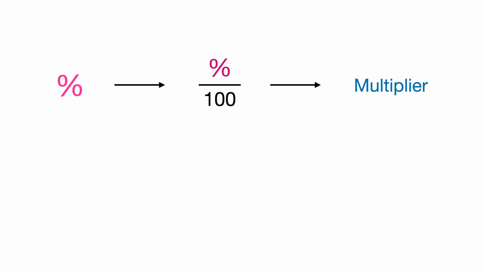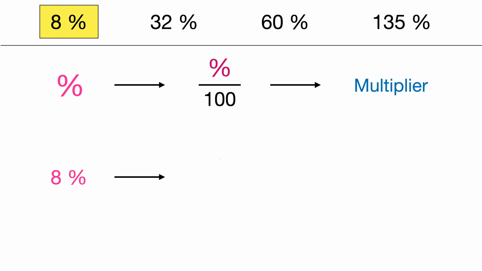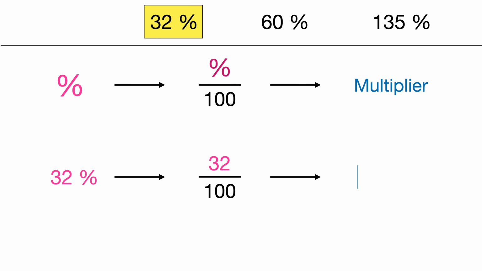So let's do a few examples of this, and we'll do it with 8%, 32%, 60%, and 135%. First, 8%: you write 8%, and then 8 divided by 100 gives you your multiplier of 0.08. Next, 32%: 32 divided by 100 gives you a multiplier of 0.32.